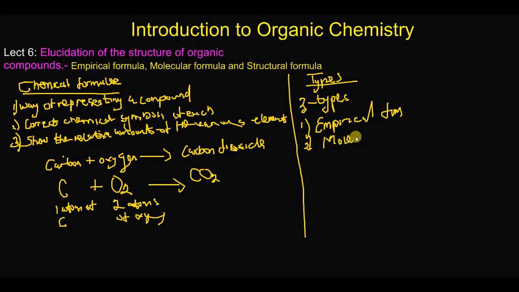And we also have the structural formula. These are all different ways of representing the compound. Now we are going to take each of these types so that we talk about them extensively.